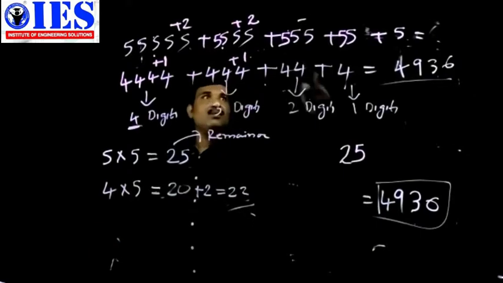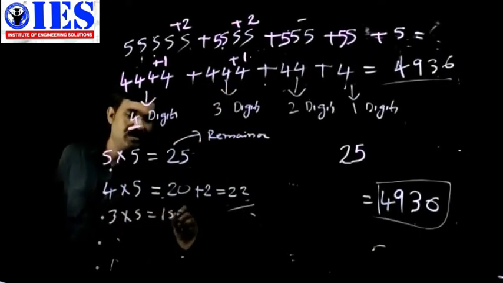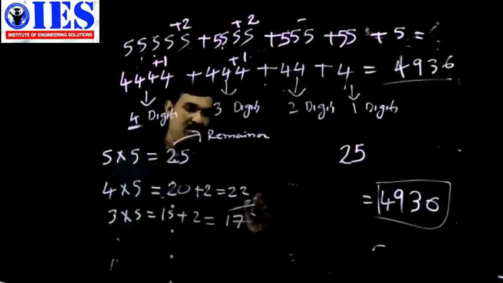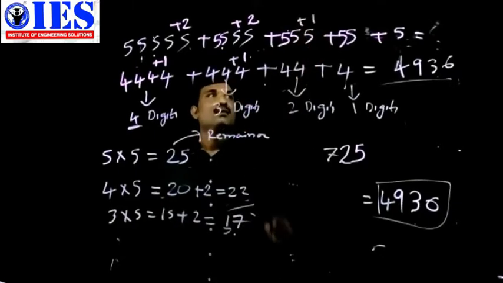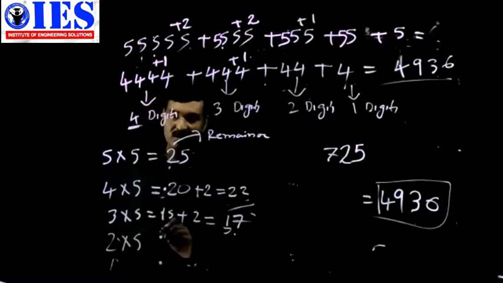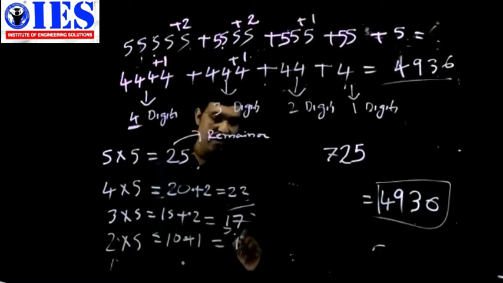Now we have a 3-digit number, so 3 into 5, 15, plus this remainder 2. So this becomes 17. So taking the 7 here and 1 as remainder, so plus 1. Now 2 into 5, a 2-digit number into 5, that is equal to 10 plus this remainder 1, that is equal to 11.